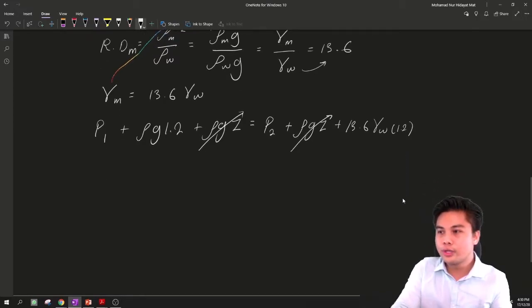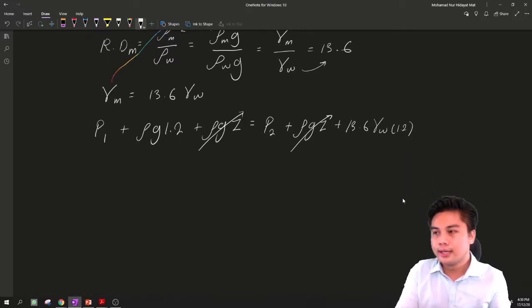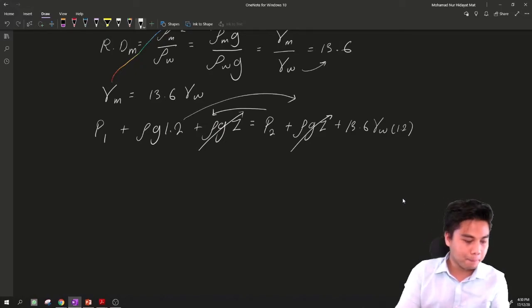So why don't we rearrange the equation? Make the P go to one side.